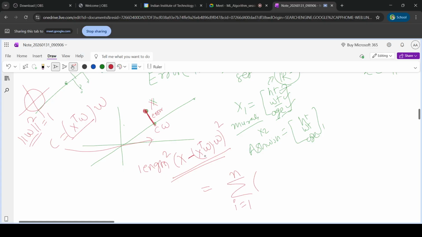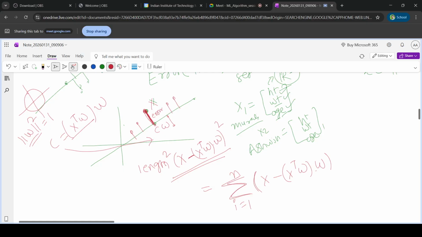The length is x minus x transpose w into w, squared, and I don't want just a single point; I want to sum all these errors.